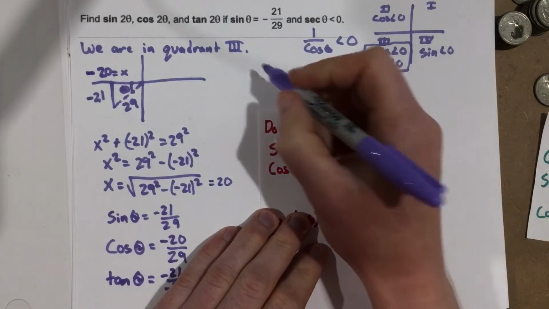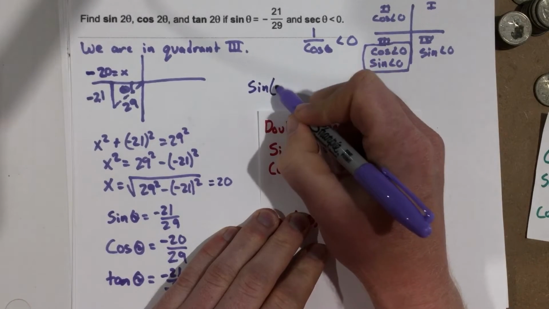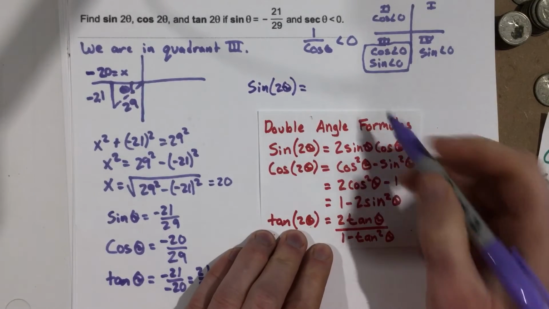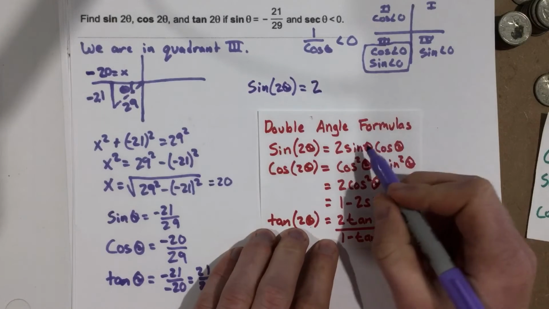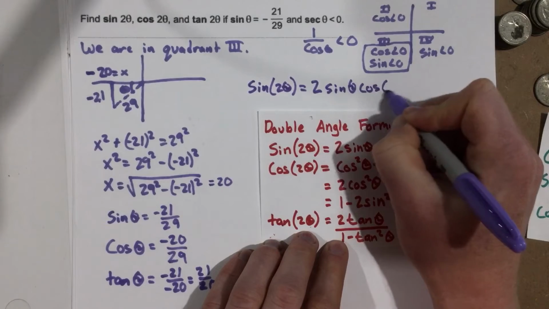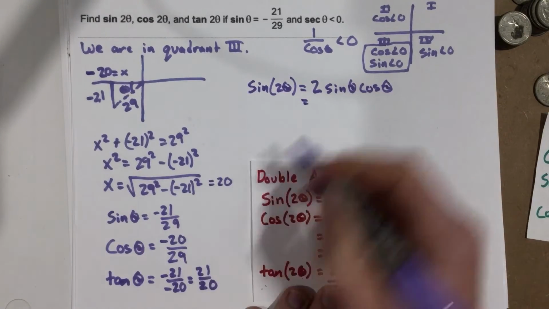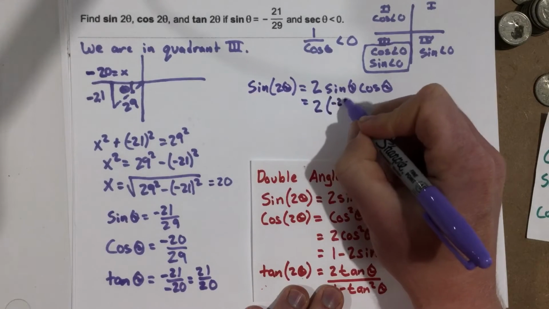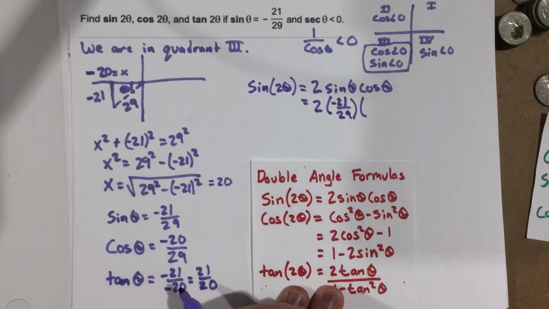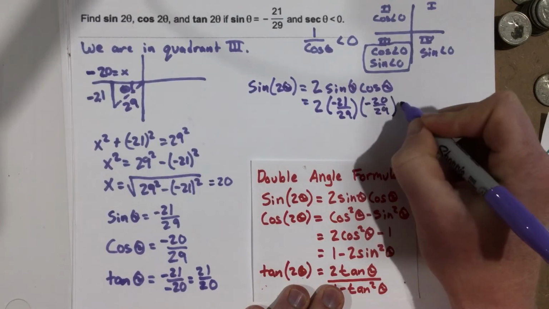So for the first part, we're going to do sine of 2 theta is equal to 2 sine theta cosine theta. So we're going to write 2, and it says sine theta, and I'll actually just write it here. And then we can fill in the numbers. So sine theta we knew was negative 21 over 29. Cosine theta we know is negative 20 over 29.